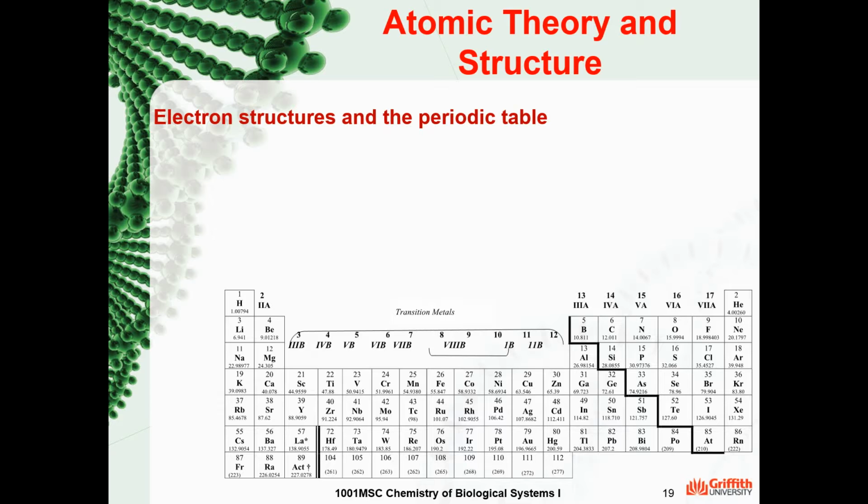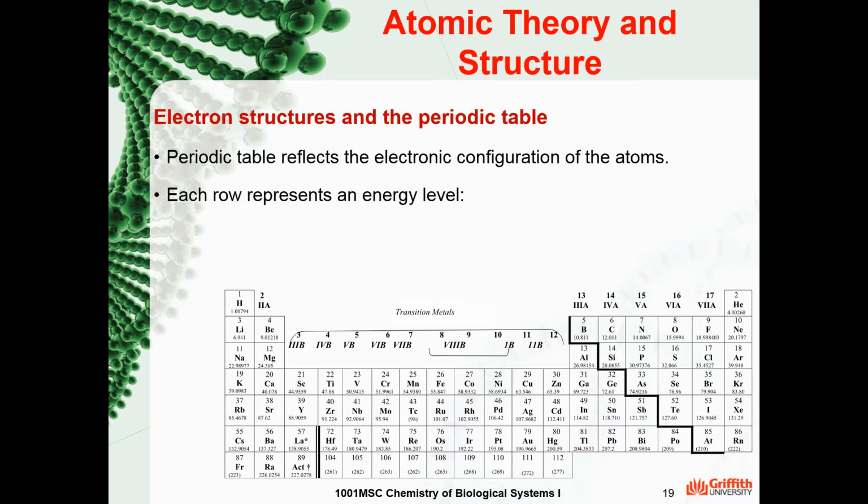Now let's discuss in more detail the structure of the periodic table. The table is organized to reflect the electron configuration of the atoms, with each row representing an energy level. For example, the first row has two cells which reflect the first energy level, N1.